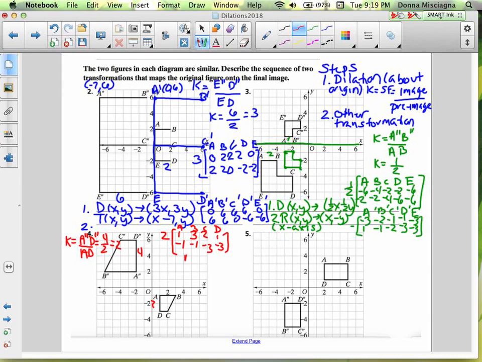All right, so now A prime, B prime, C prime, D prime. All right, so that's going to be now at 2, -2. And 6, -2.